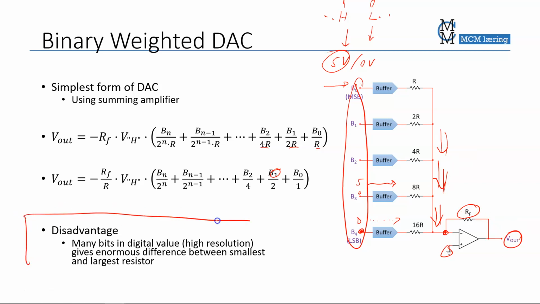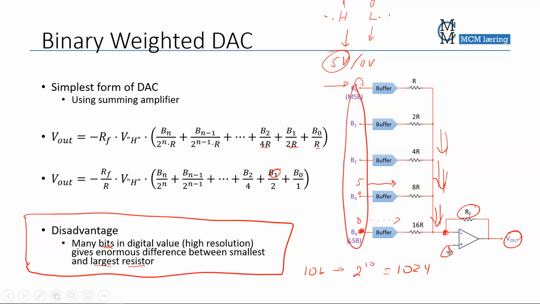But the disadvantage is if you have many bits, then the difference between the smallest and largest resistor will be very large. So for example, if you have 10 bits, then the difference will be 2 to the power of 10, that is 1024. So basically, if you have 1 kilo ohm here, then you would need 1 mega ohm here.